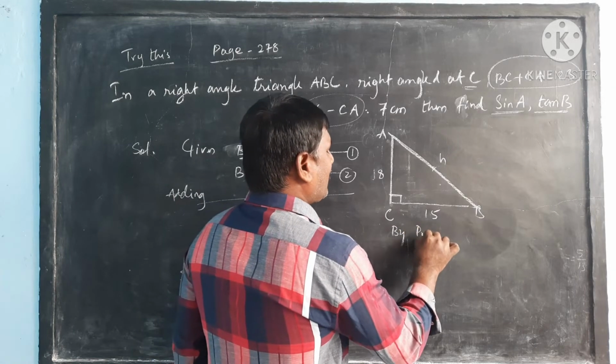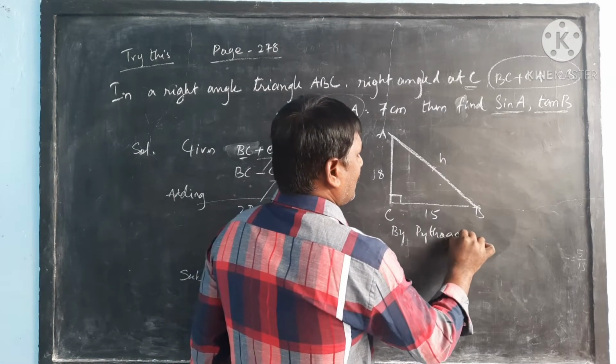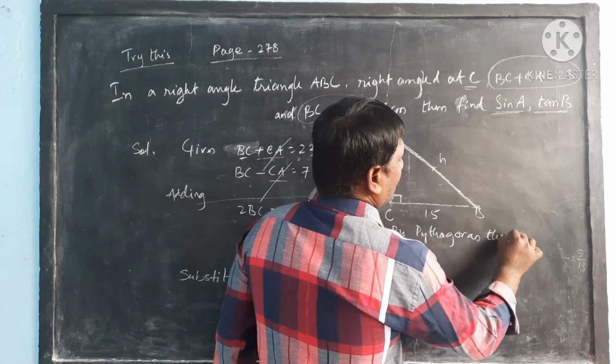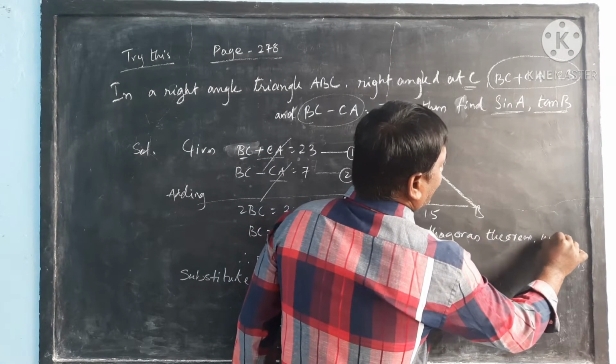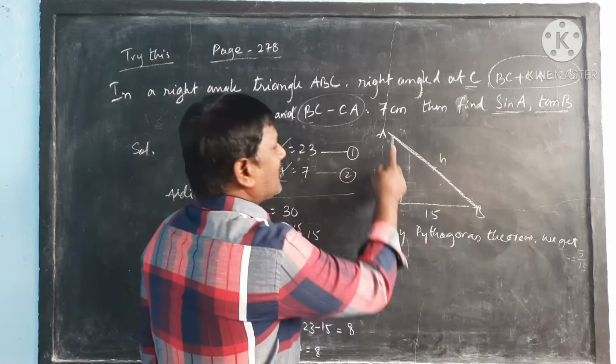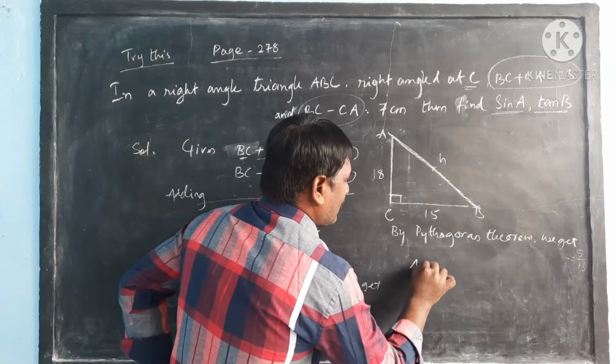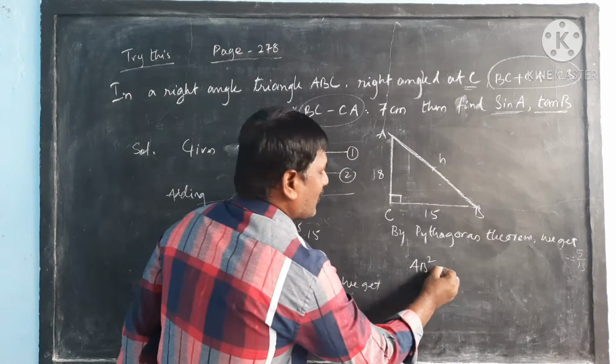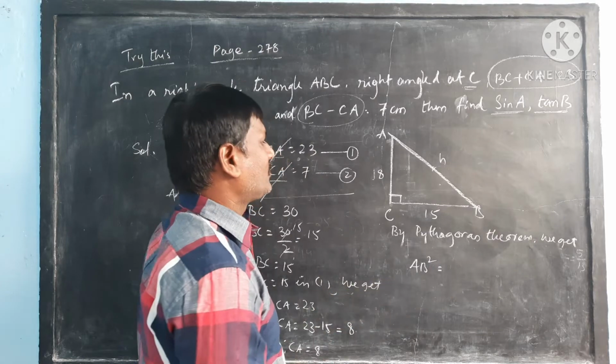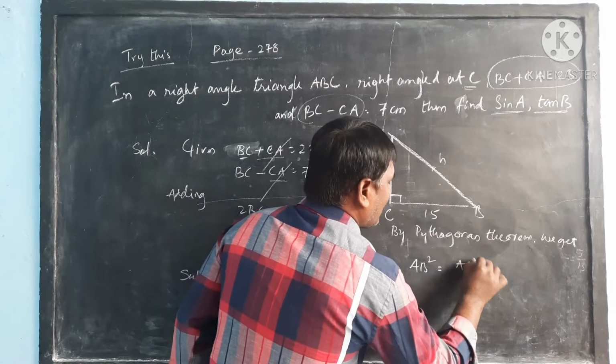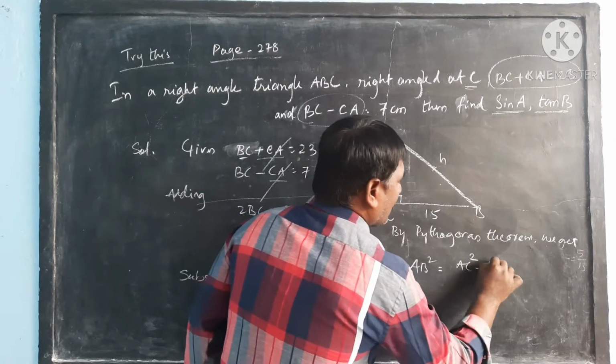By Pythagoras theorem, we get that the square of the hypotenuse, that is AB, is equal to the sum of the squares of the other two sides, that is AC square plus BC square.